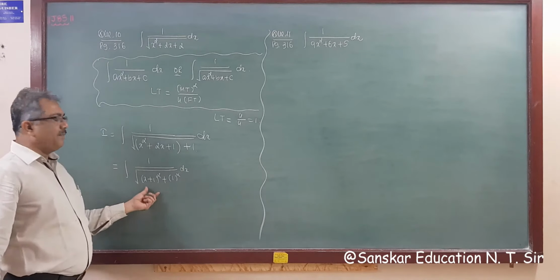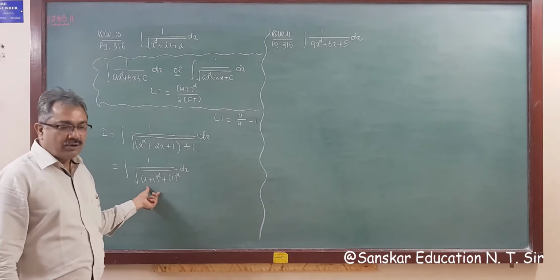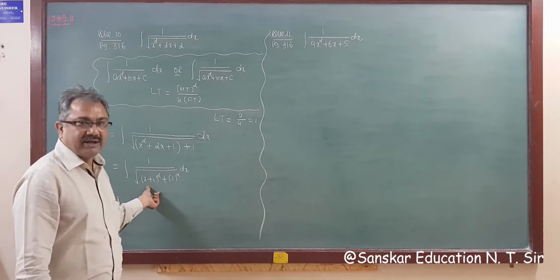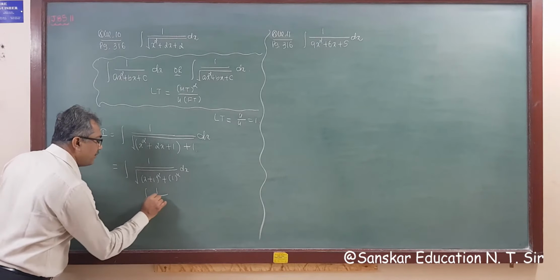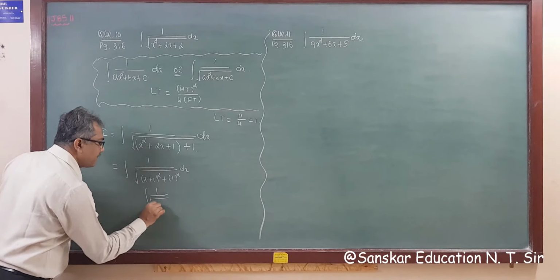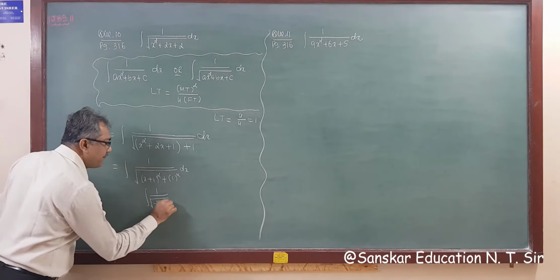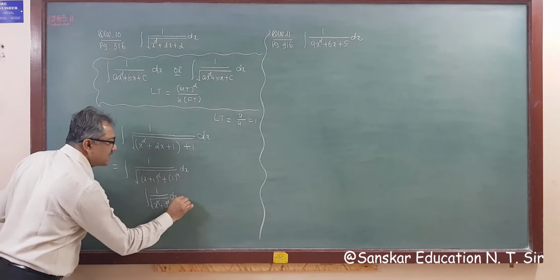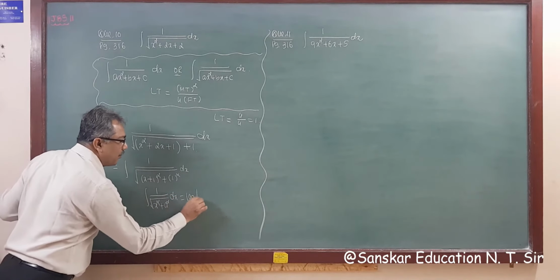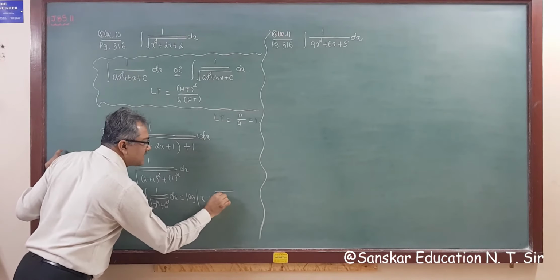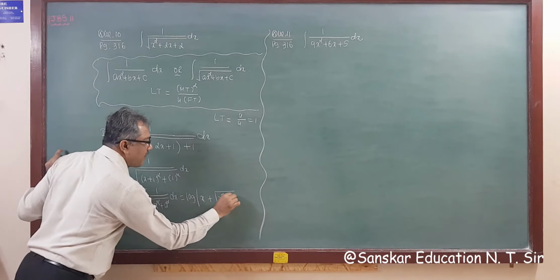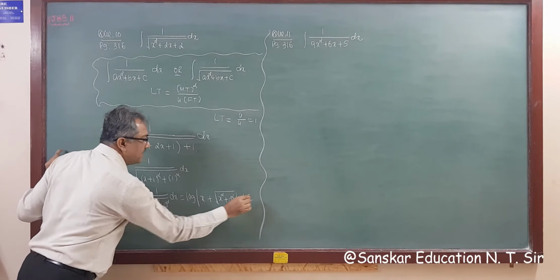So this is of the form 1 upon under root x square plus a square, right? This is of the form integration 1 upon under root x square plus a square, and the answer of this is log mod x plus under root x square plus a square plus c.